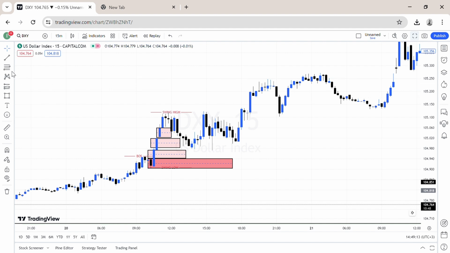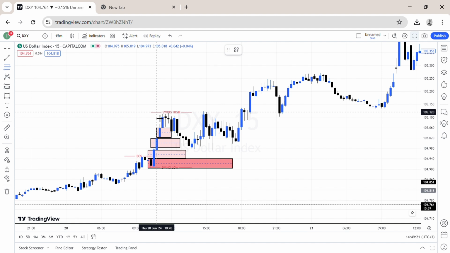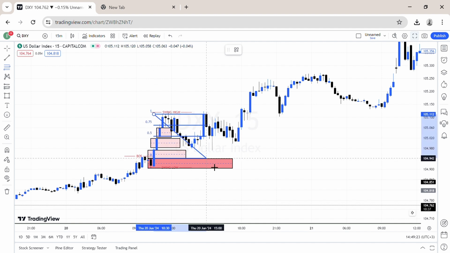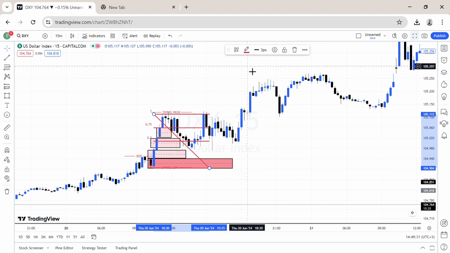In this case, I don't want to guess. So let me just pick my tool. Let me just pick the fib retracement tool, just right there. I place it right there. Let me shade it red.